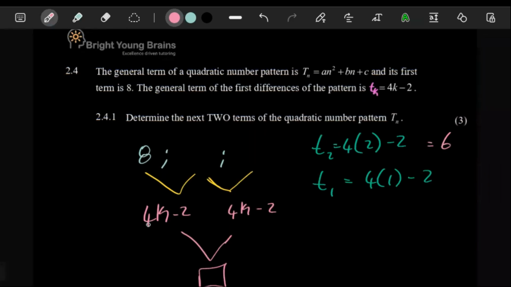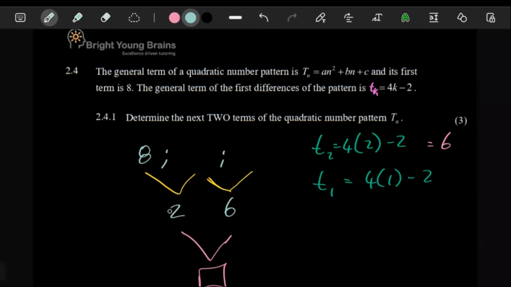So the number that goes there is just a 6. Oh no, this is why I should have done the first one first, because now I'm like, bro, come on. So T2 is going to go there, and T1 is going to go there. This is 4 times 1, which is 4, minus 2, that's a 2.